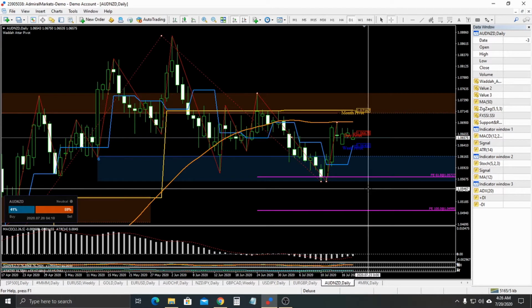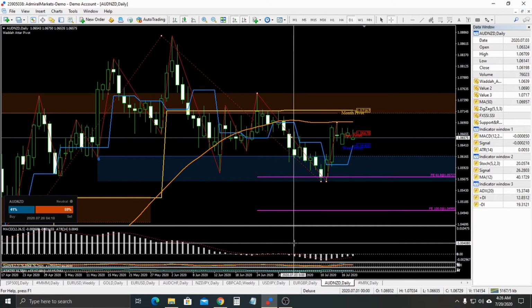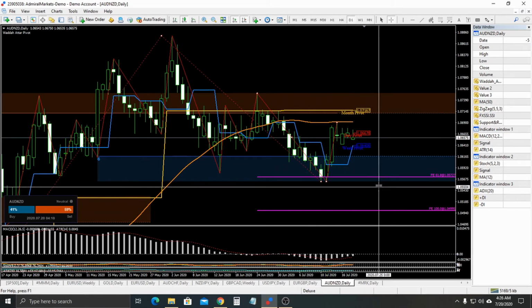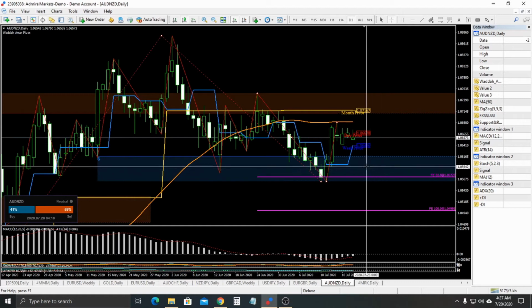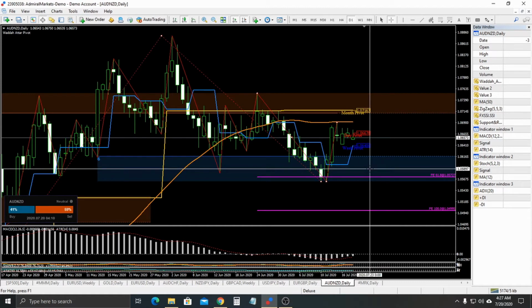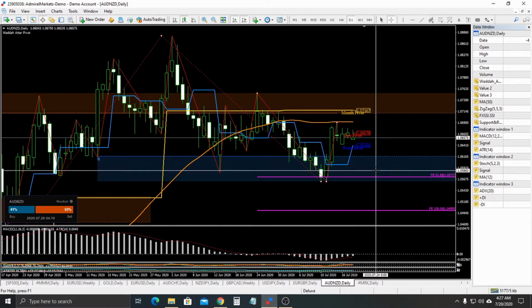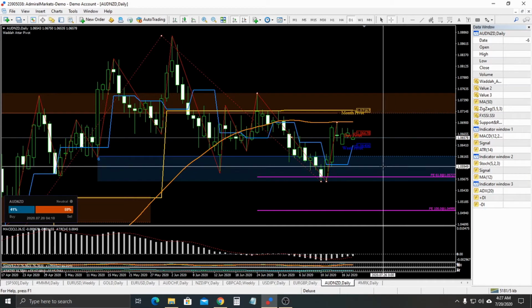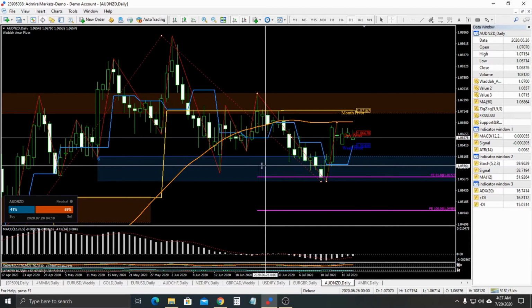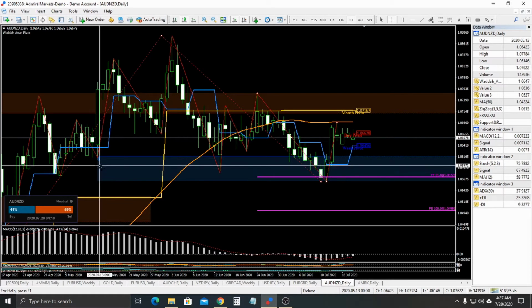As you can see, we got the crossover of the MACD, and this is going down into a support zone given by FXSSI. They have a support and resistance zone creator that shows up on your charts when an area of price action is continuously hit.